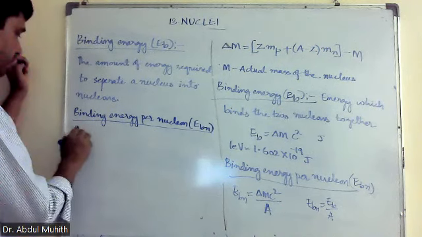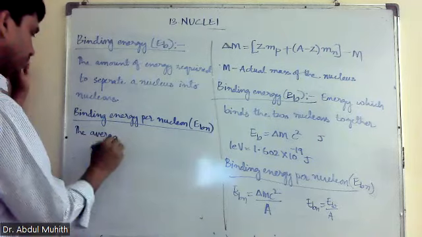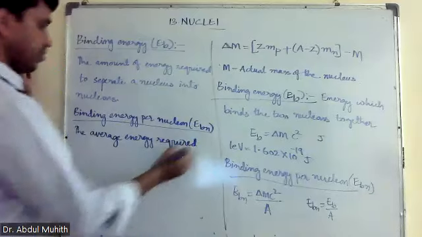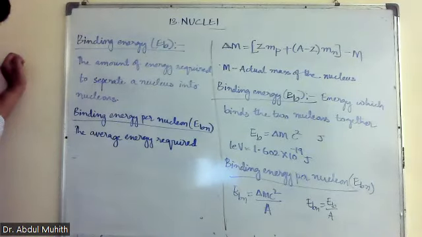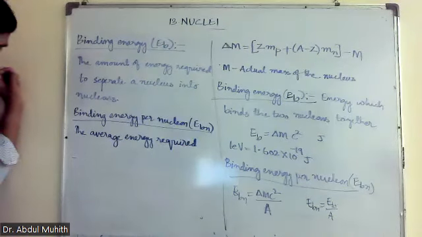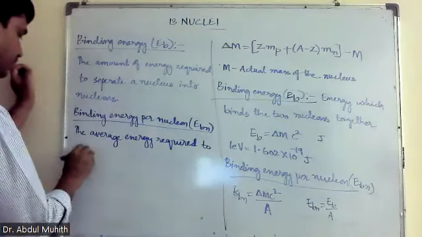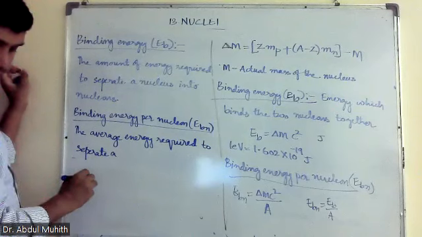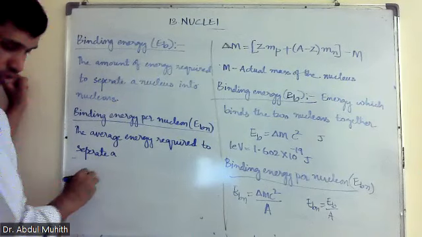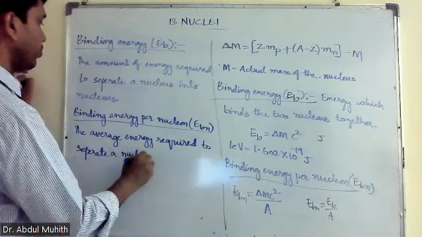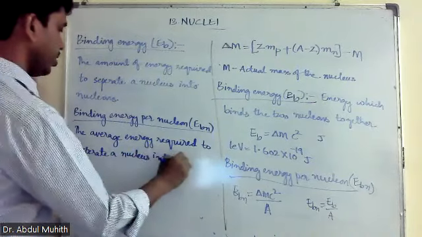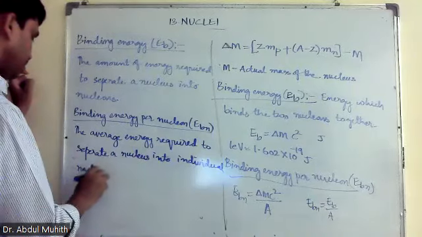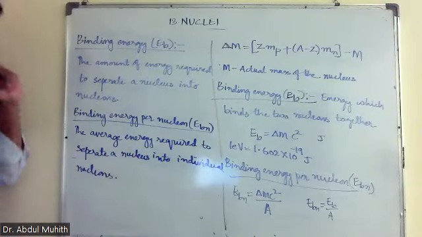The average energy required to separate a nucleus into individual nucleons, that is binding energy per nucleon.